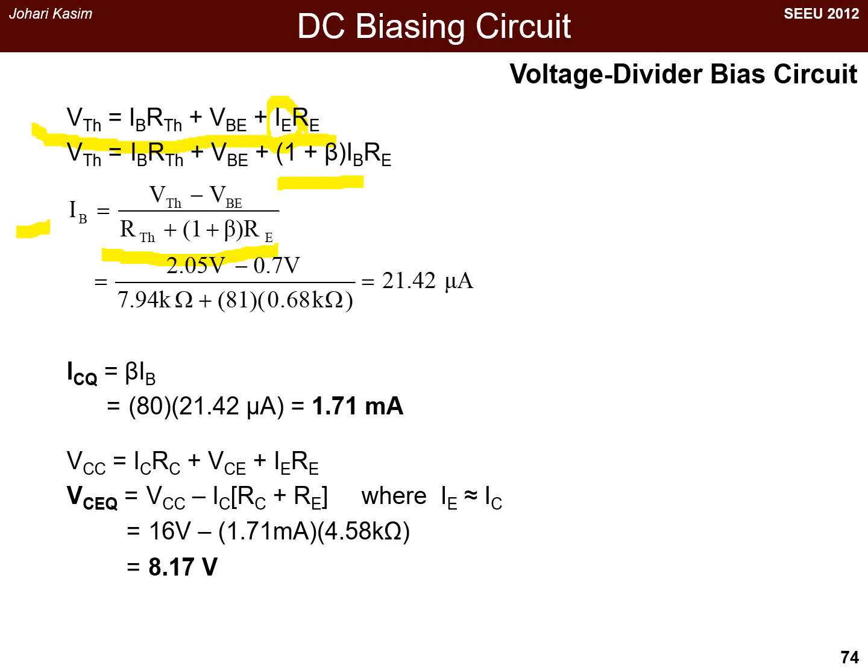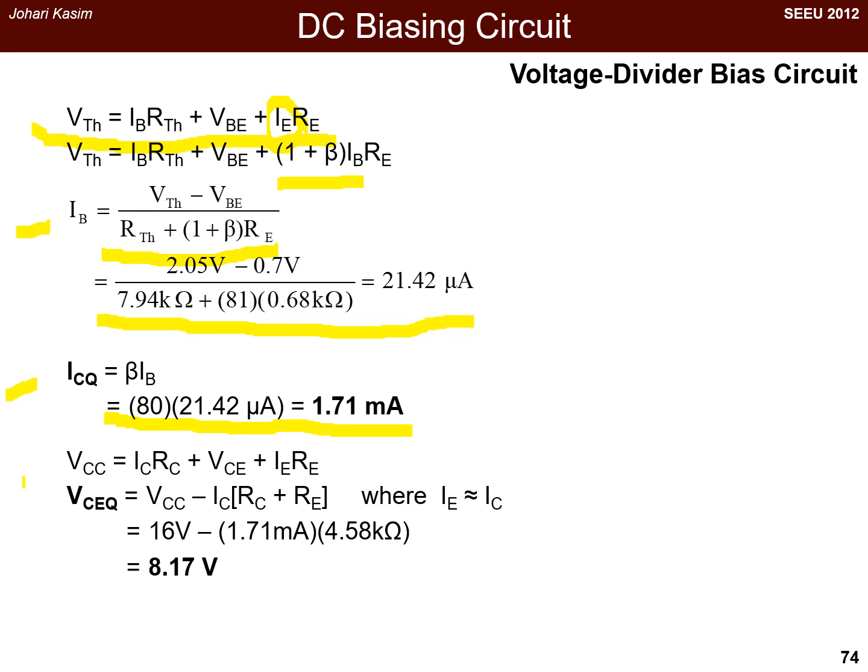After you put the value, you can get IB equal to 21.42 microampere. Then you use the general formula IC equal to beta IB. So after you put the value, you can get IC equal to 1.71 milliampere.